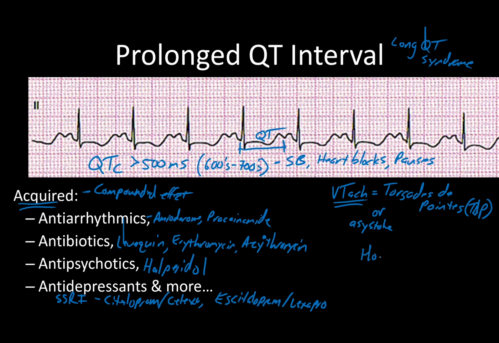A couple other things just to talk about what can cause this, because it's important. Any patients that are hypothermic, or if you've got low magnesium, low calcium, and/or low potassium. Alcoholics are a great one because they're low on all of their electrolytes.